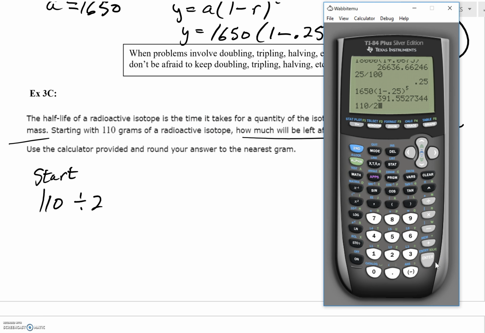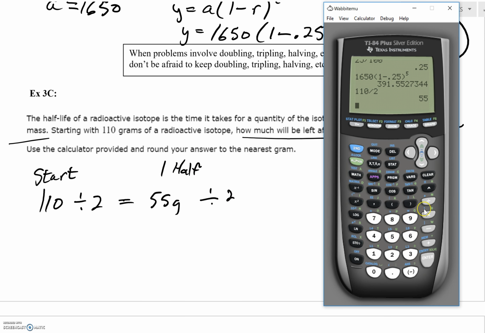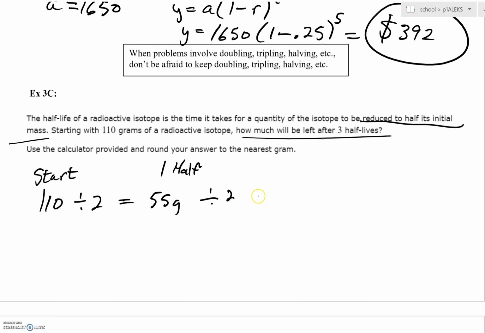We could just keep having. We could say here's 55 grams. So this is 1 half-life. Let's divide by 2 again. And if we took 55, just hit divide by 2, we're going to be at 27.5. This would be 2 half-lives.